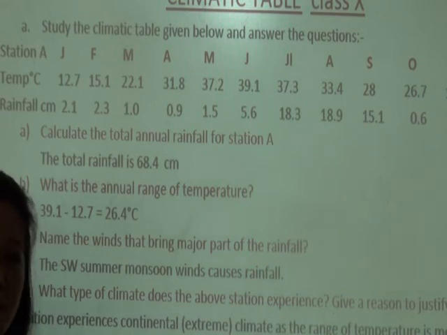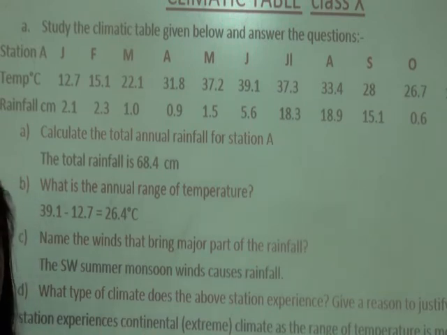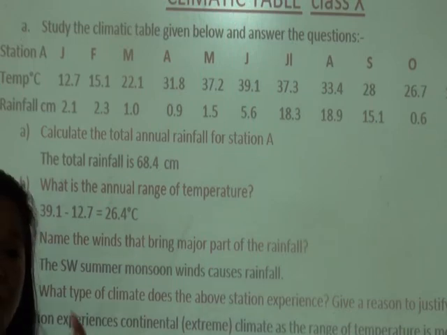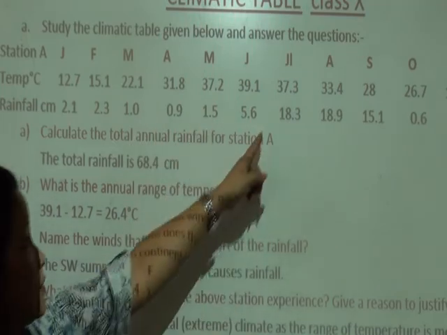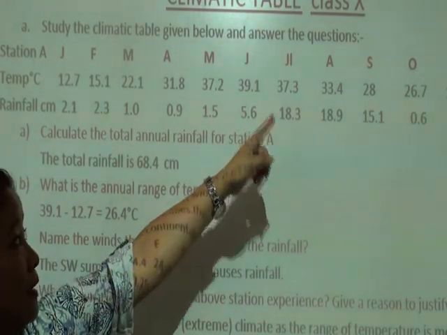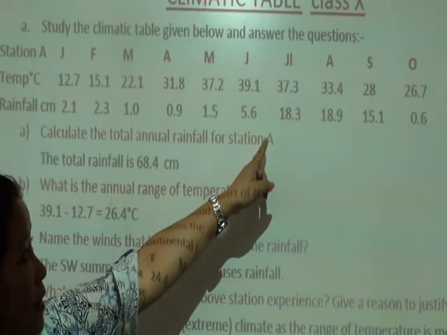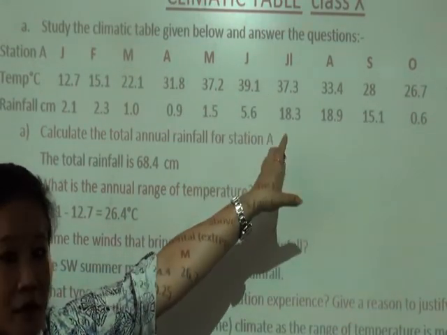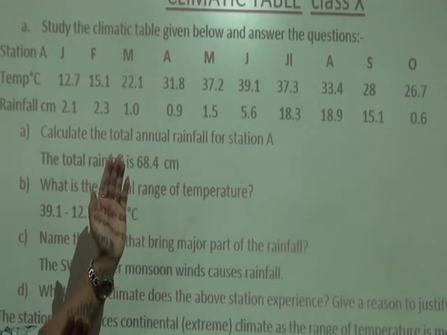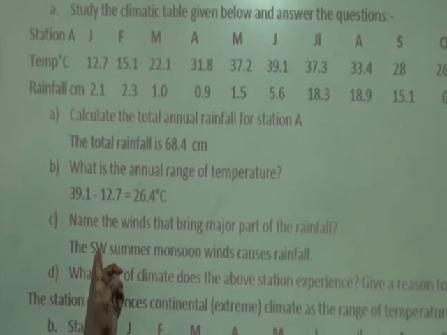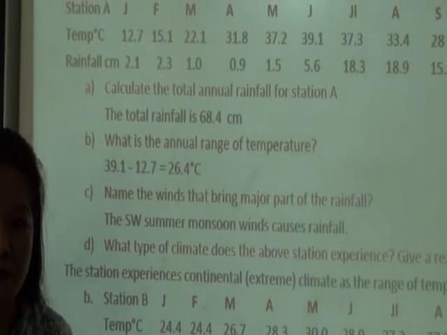In winters, they do get light showers from western disturbances or some cyclonic depressions. But the major part of the rainfall is received almost all the time in the months of June, July, August. If you look at this particular one, it is July, August, September. Look at that, the maximum rainfall is concentrated there. So that particular season is for the southwest summer monsoon winds.